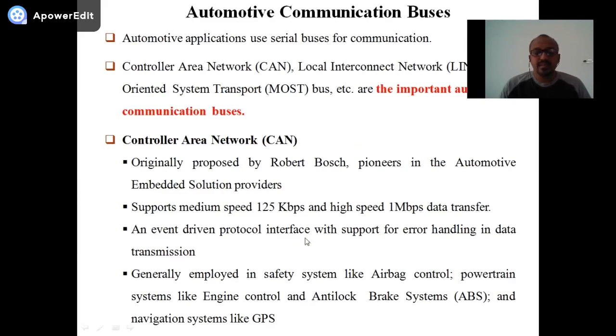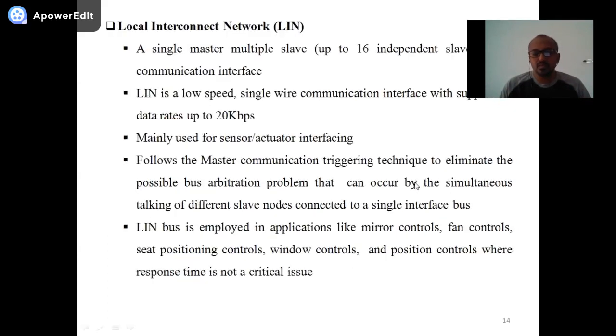It supports a maximum speed of 125 kbps for low speed and 1 Mbps for high speed data transfer. It is an event driven protocol interface with support for error handling in data transmission. This kind of bus protocol is very useful in anti-lock brake systems, navigation systems like GPS, and even in engine control.